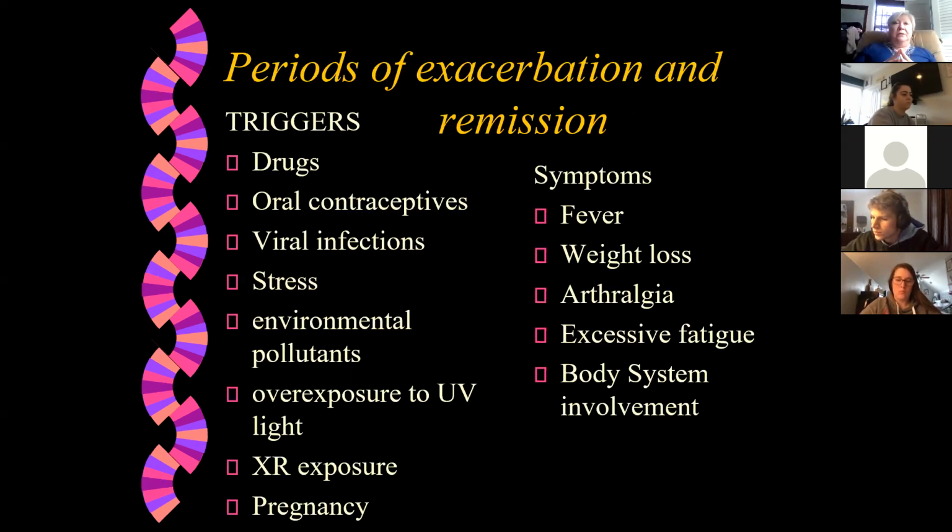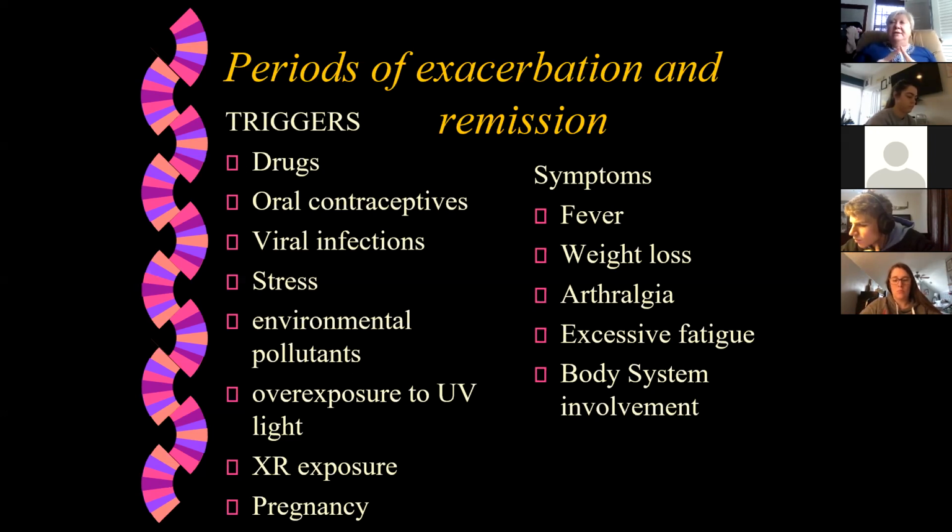I will tell you what these drugs are, but I'm going to start with oral contraceptives. And I'm going to add pregnancy, which is not a drug, but I'm going to put it up with this. Oral contraceptives and pregnancy are probably the 2 most common things that trigger, not cause, lupus.